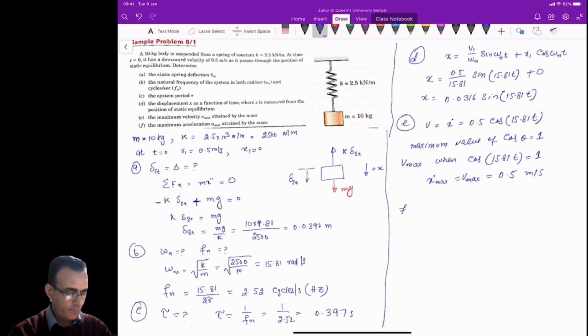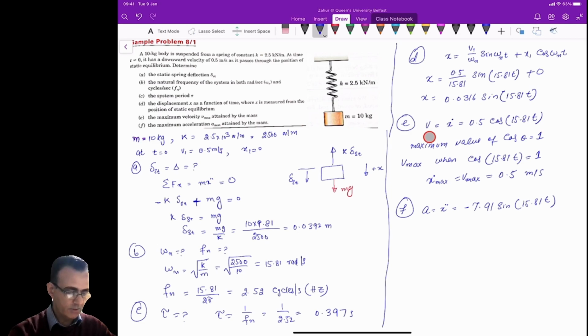And finally, in part F, the maximum acceleration, a maximum, attained by the mass. Again, you need to differentiate this equation with respect to time, so a, or x double dot, becomes minus 7.91 sine 15.81 t. Now again, you need to calculate the maximum acceleration.